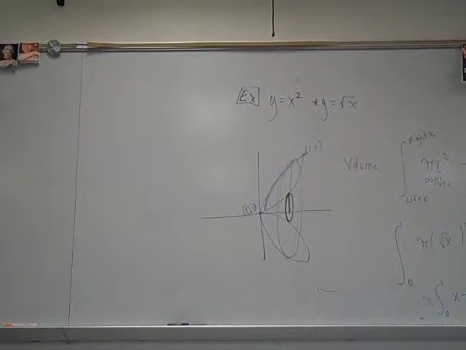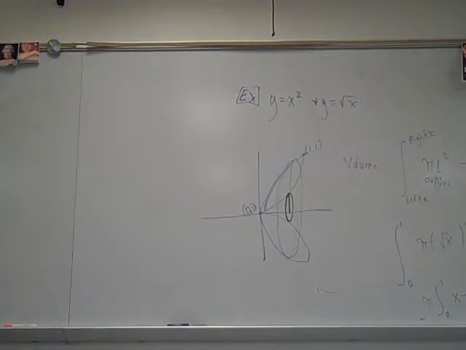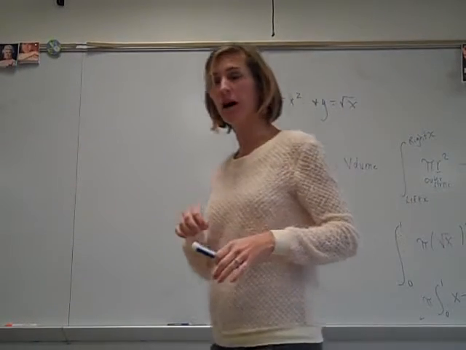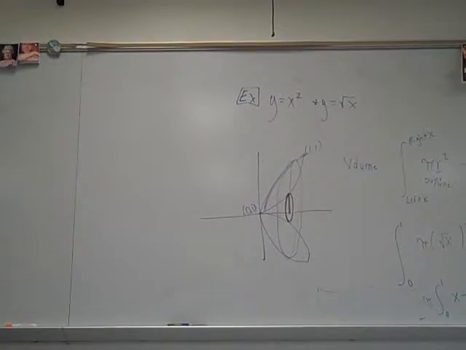This could be a problem you have to do by hand. It's possible, because it's not hard to integrate, but for now, you can always use your calculator and put it in. On the test, typically, I said this before, it'll be in terms of pi, so you leave the pi out, get the answer, and then put the pi back in.